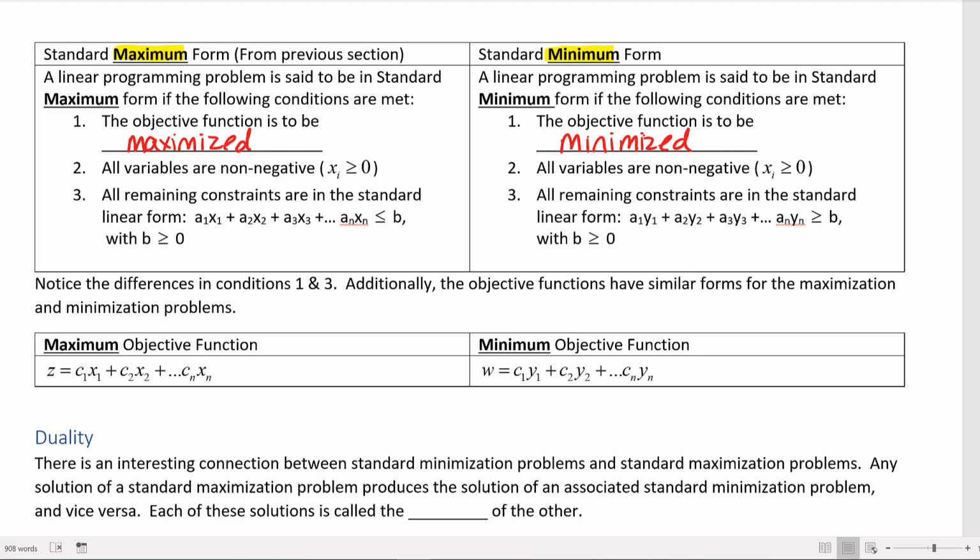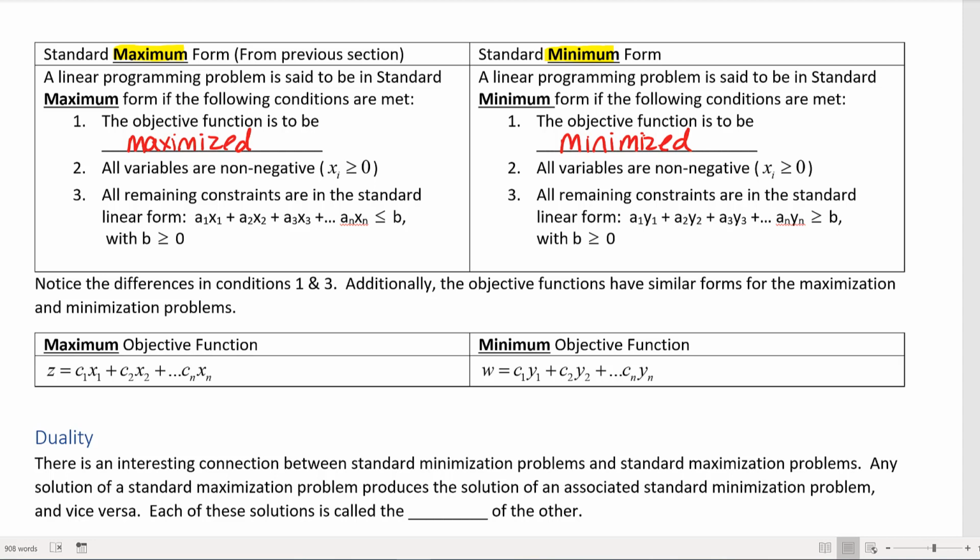Notice that's different because we're using y variables instead of x variables for minimizations, plus a sub 2, y2, plus a sub 3, y3, plus dot dot dot, a sub n, y sub n. The other thing that is different is the inequality is greater than or equal to b. So the constraints have to be greater than or equal to be able to find a minimized value.